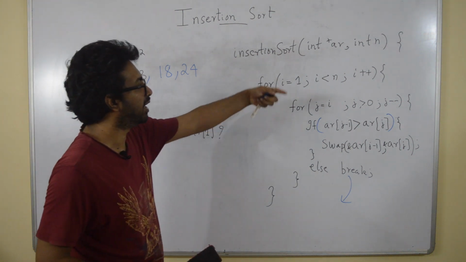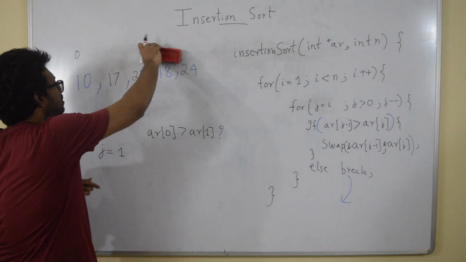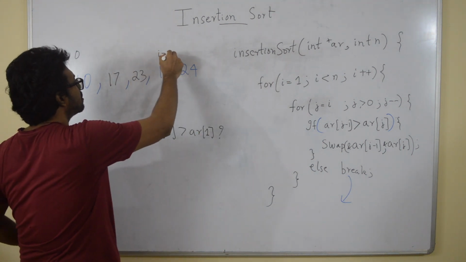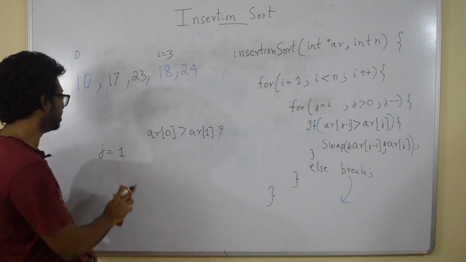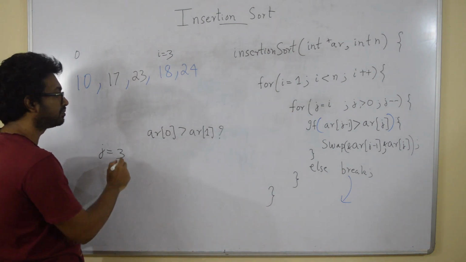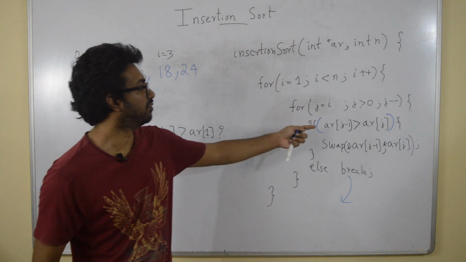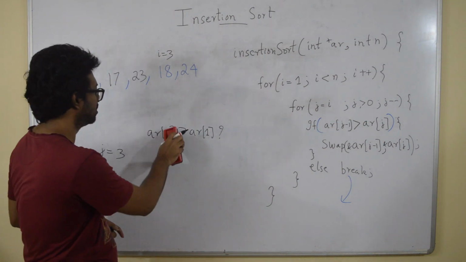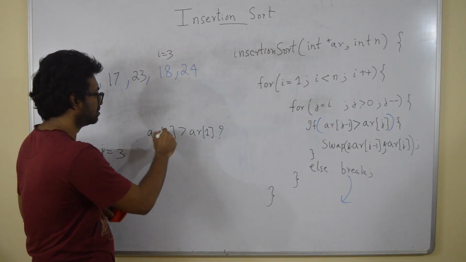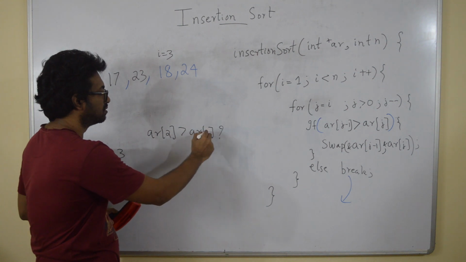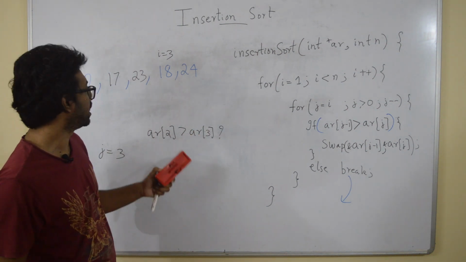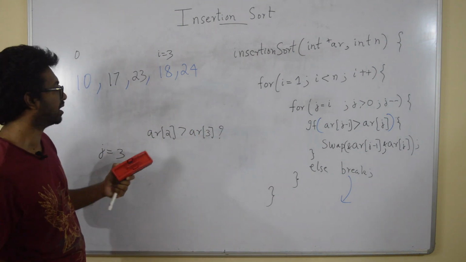Anyway, we are now back to i is equal to 3. So j starts with 3. We compare j minus 1 and j, and it is bigger, so we swap.